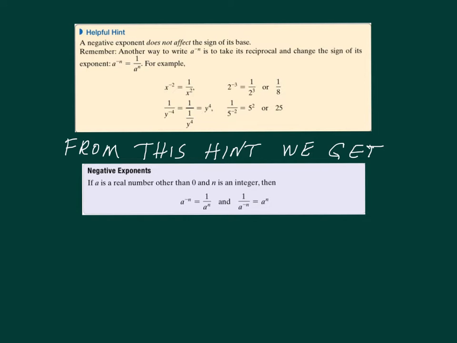So when we have a negative exponent in the attic, we move it to the basement and it becomes positive. The exponent becomes positive. When we have a negative exponent in the basement, then we move it to the attic, then the negative exponent becomes positive. So it changes based on its position in the fraction.